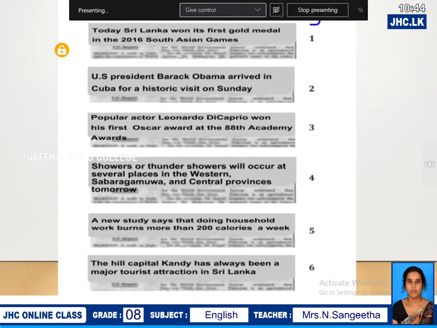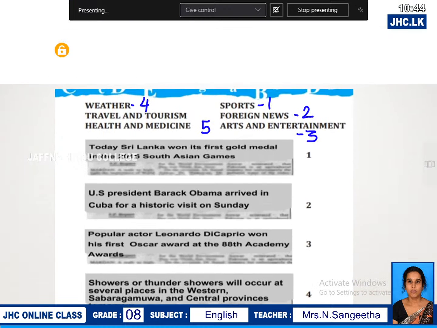And the last one. The hill capital Kandy has always been a major tourist attraction in Sri Lanka. Right. It is about tourism. So, number 6 goes under travel and tourism. Right. It's very simple. You can do it in your exercise book.